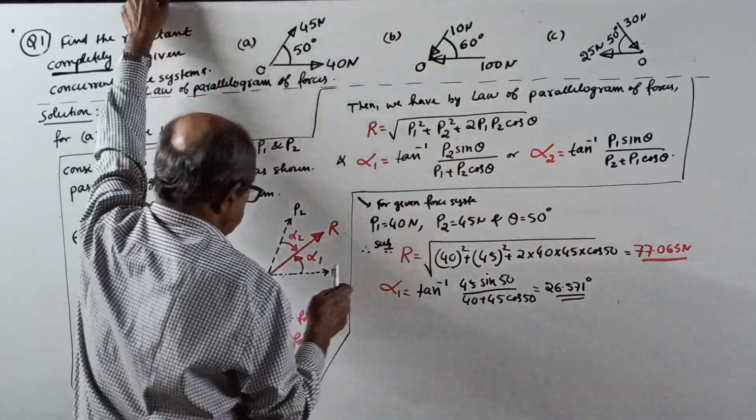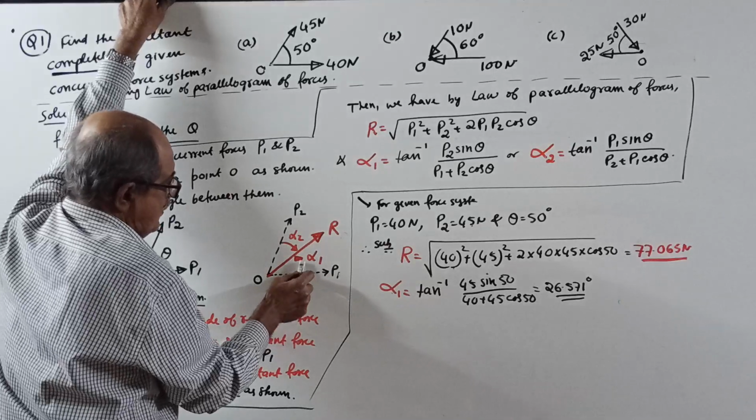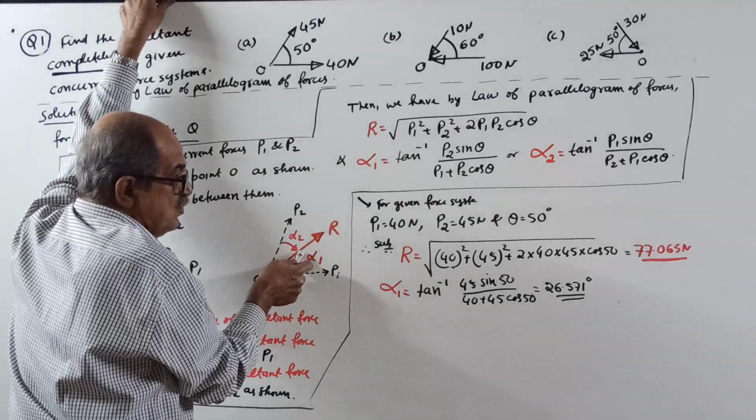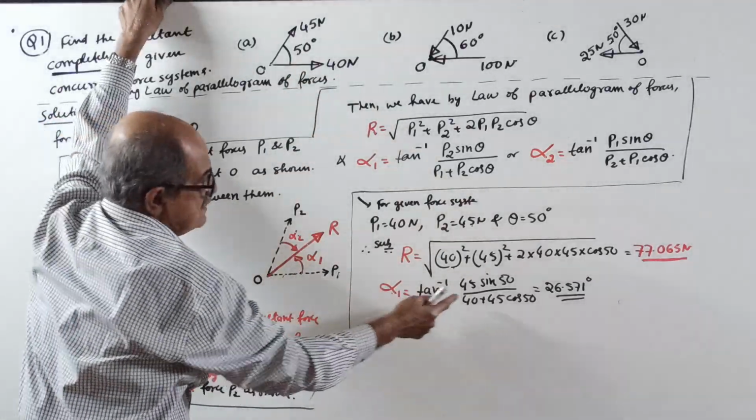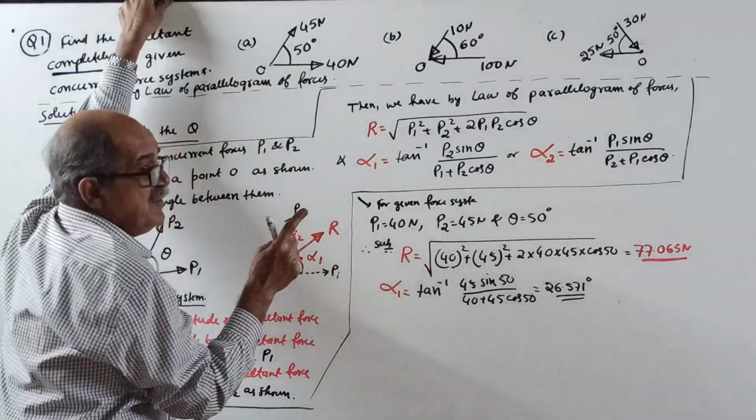Actually, once you got 26.571, you need not calculate the other one because the total is 50 degrees. From 50, subtract this one, you get the answer. You can make a note.